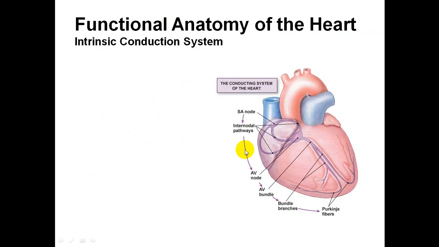Again, how to imagine this: this is the conduction system, the SA node, internodal connections to the AV nodal system, from the AV node to the bundle of His, to the left bundle branch and right bundle branch, ending with the Purkinje fibers.